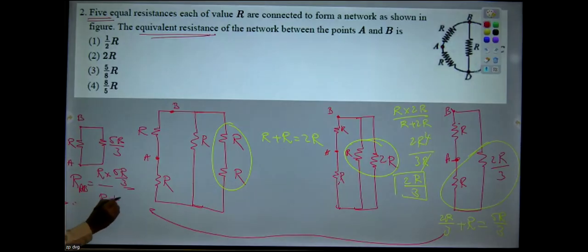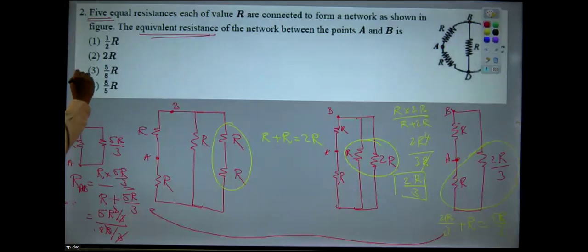So let's simplify. This is 5R square by 3 and here it is 3R plus 5R, 8R by 3. So cancel the 3. Simplify R and R square. So your answer is 5R by 8. So 5R by 8 is option 3. Option 3 is the right answer.